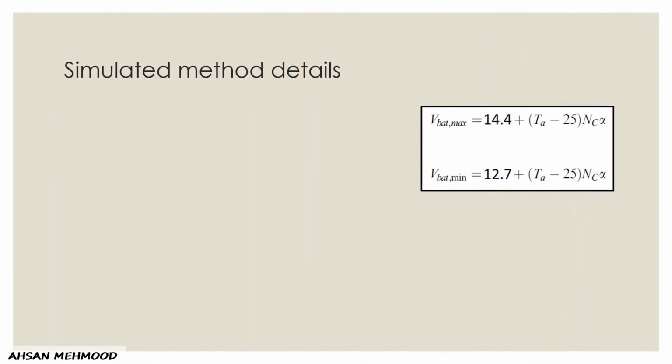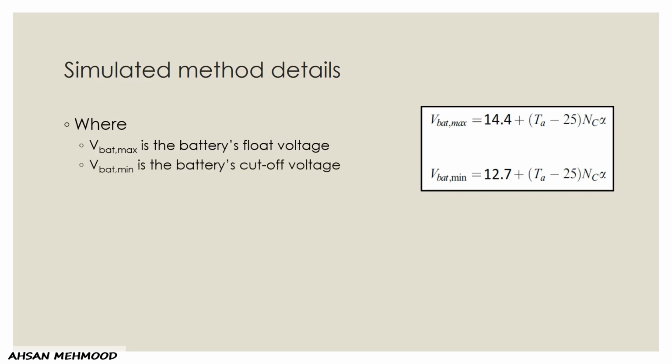As you may know from the theory, battery voltage depends upon the number of cells in the battery and the ambient temperature. Therefore, the following equations are used to compensate the temperature effects, where V battery maximum is the battery's floating voltage and V battery minimum is the battery's cutoff voltage, below which the controller enters into the constant current charging stage.